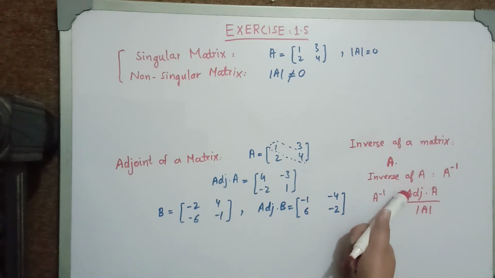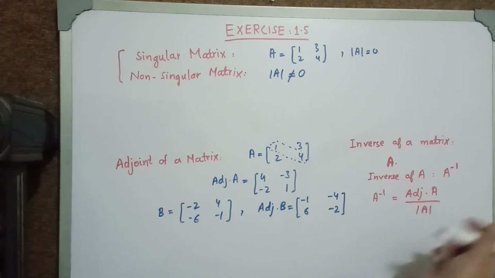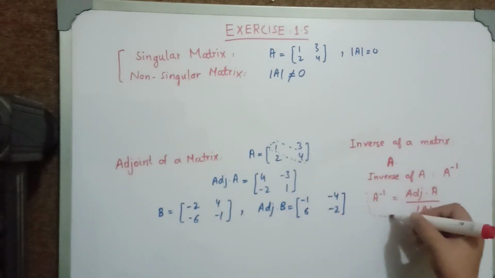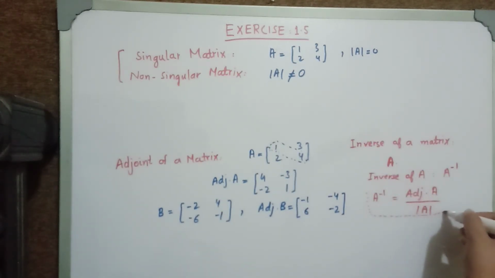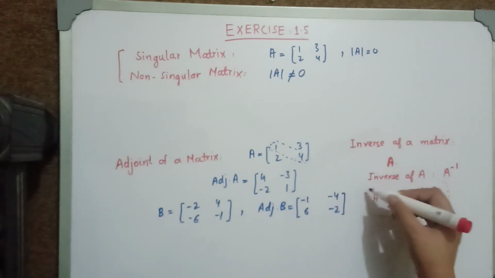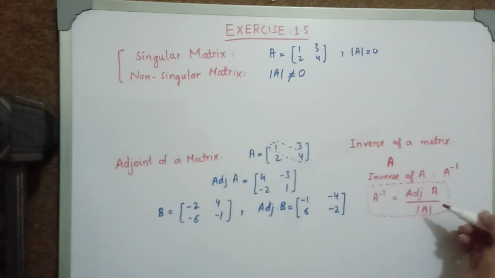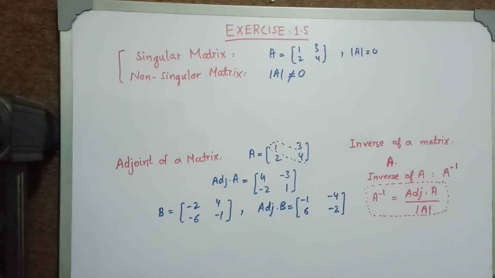So you will simply find the adjoint and determinant and put their values in this expression to find the inverse of any matrix, right? This is the formula that you will use to find the inverse of any matrix. That's all we have for today.